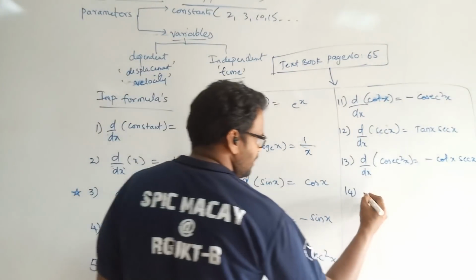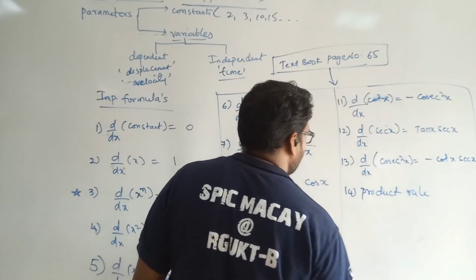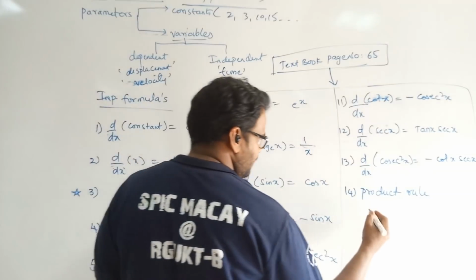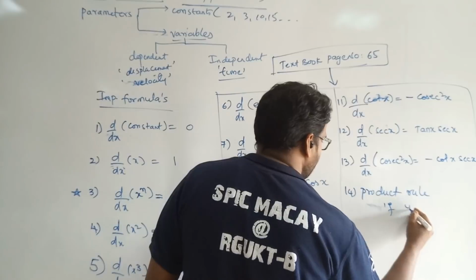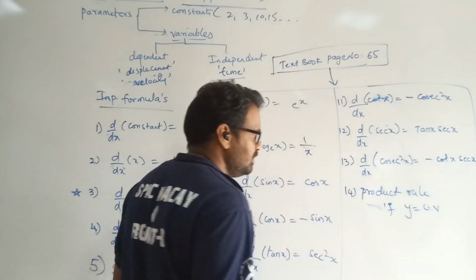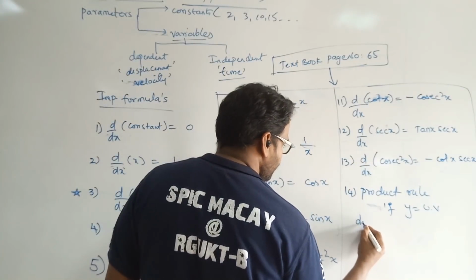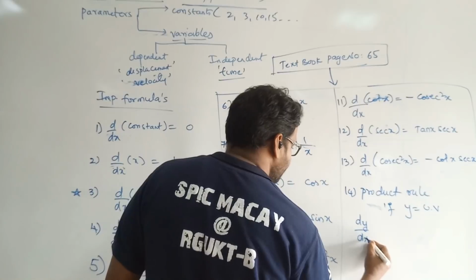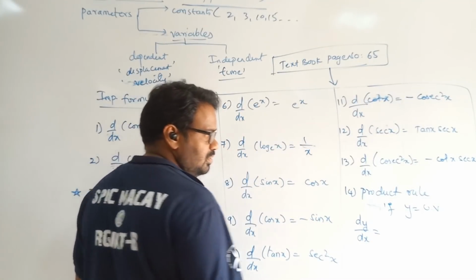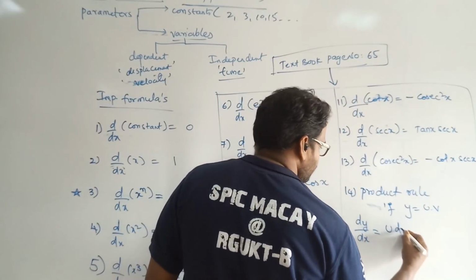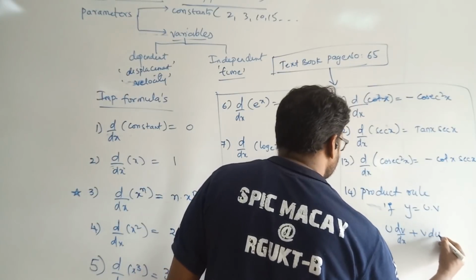Next formula is called the product rule. If you have two things in product form, how do you differentiate? If y is equals to u into v, where u is some function and v is some function, then dy by dx is equals to u into dv by dx plus v into du by dx.